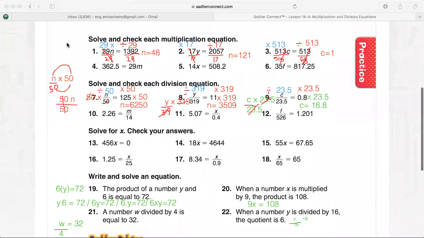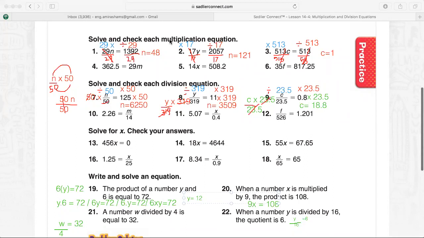What will be the value of y? What you're going to do? We're going to divide 72 by 6. Excellent. So what will be the value? It's going to be 12.